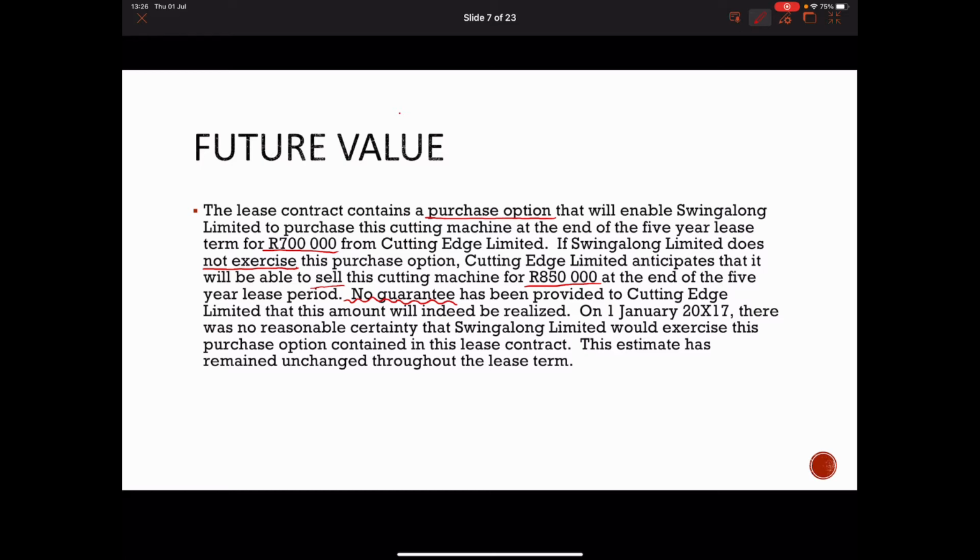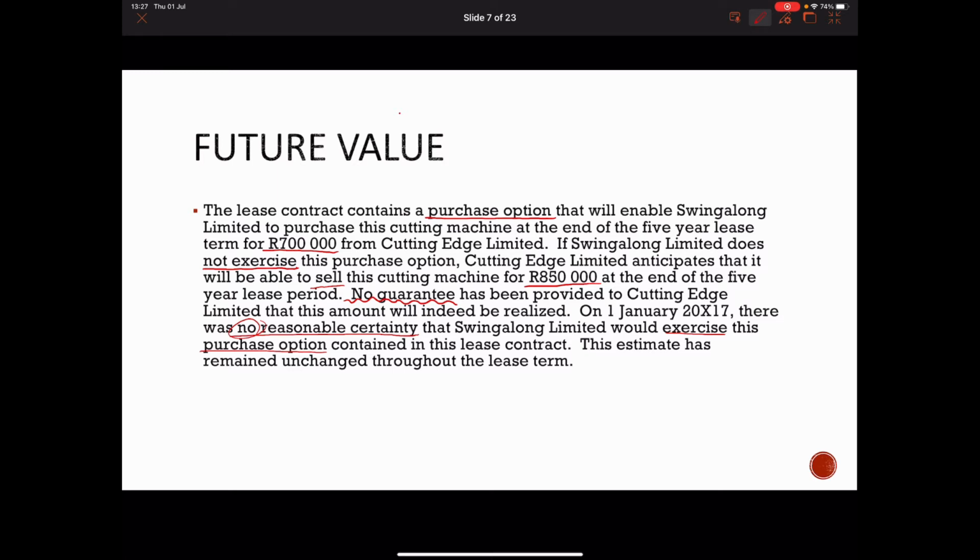And on 1 January 2017, there was no reasonable certainty that Swingalong Limited would exercise this purchase option contained in the lease contract. So because they tell you that there is no reasonable certainty that Swingalong Limited will exercise it, you don't take the purchase option into account in your future value.